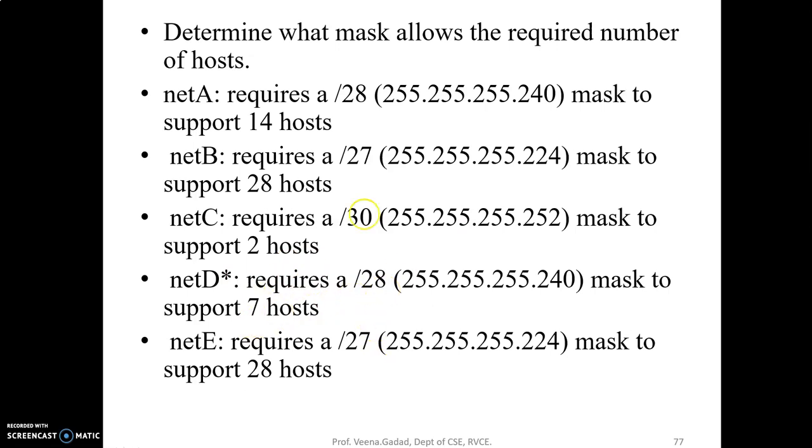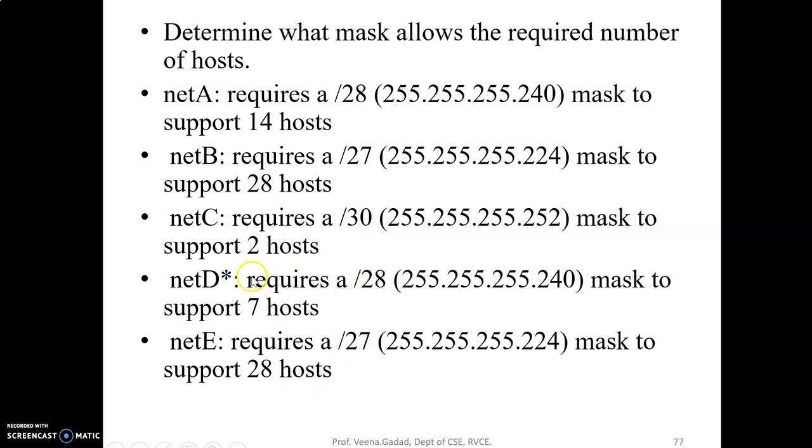Network D requires 7 hosts. So how many bits do I need? 3 bits will not be sufficient for me, I need to use 4 bits. If I use 3 bits, it will be 8, but 2 addresses I cannot use, so it will be 4 bits.